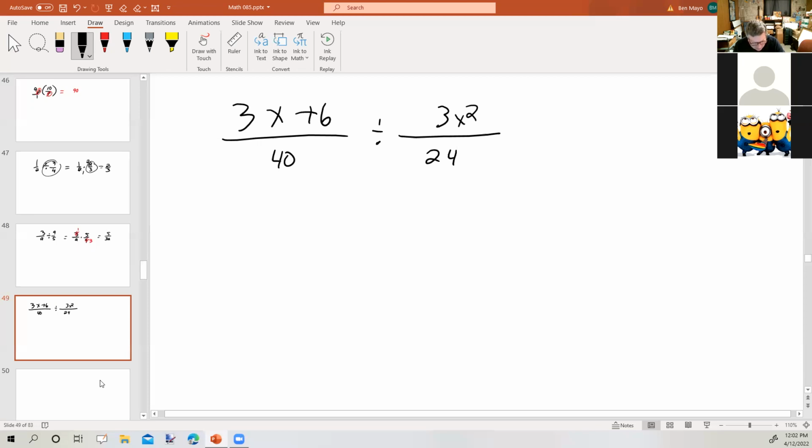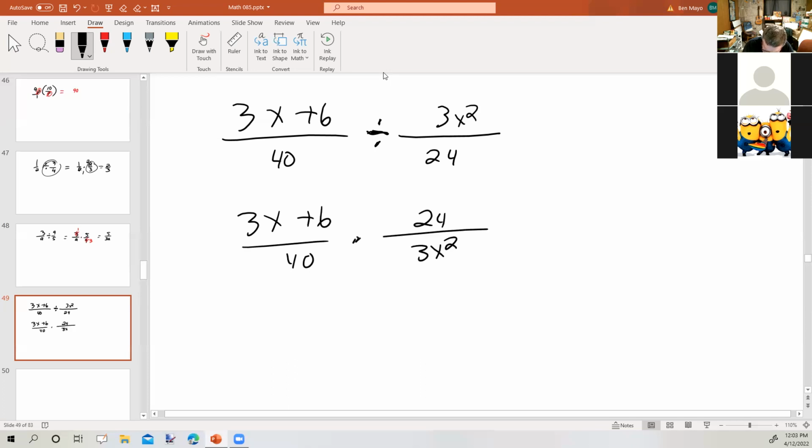Add. No. It's divided. So what are we going to do first? Reduce. No. I mean, you could, but we're going to change it to multiplication of the reciprocal.